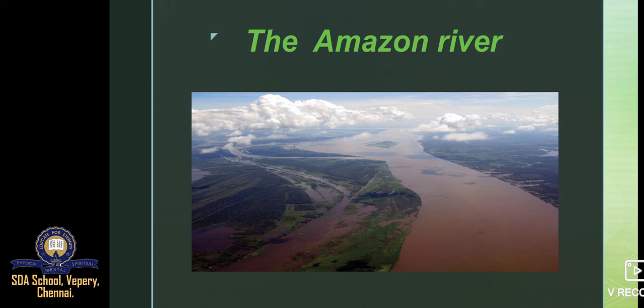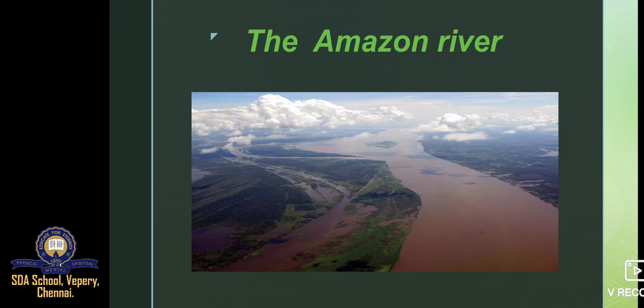It carries more water than the combined discharge of the Nile River in Africa, the Yangtze River in Asia, and the Mississippi River in North America. At its mouth, the river is estimated to pour out more than 2 lakh cubic meters of water every second into the Atlantic Ocean.